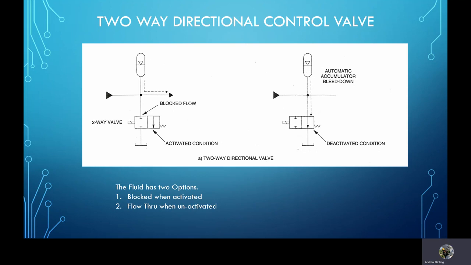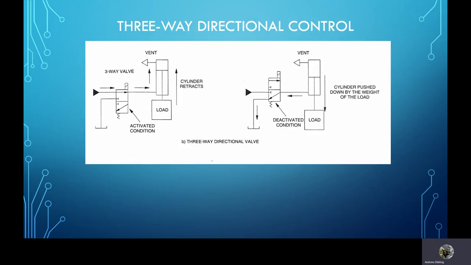And when it's activated or energized, in this case by the solenoid, it is blocked. This is a way that when it's de-energized, the accumulator can bleed down and therefore take pressure out of the circuit for safety reasons. The accumulator will charge when the system is running and the pump is running. So this two-way valve is either a go or no-go operation, and that's simply it. It's a two-position valve, and the fluid only has two options.